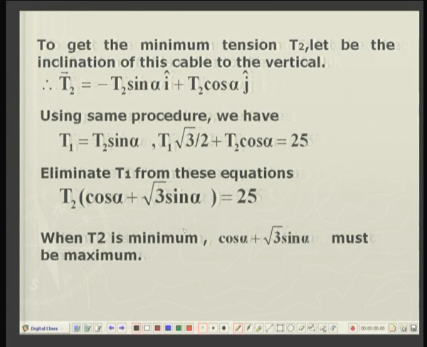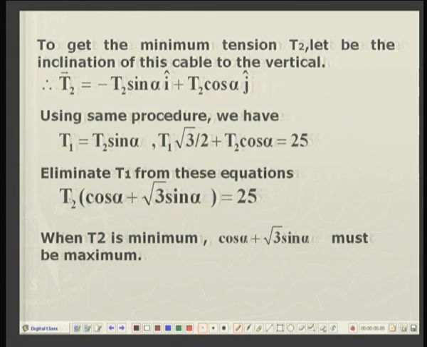Then the vector T2 can be represented as minus T2 sine alpha, because it is in negative x direction, plus T2 cosine alpha in the positive j direction, and we will again have one vector equation equivalent to two scalar equations. The equations will be T1 equal to T2 sine alpha and T1 root 3 by 2 plus T2 cosine alpha is equal to 25. From these two, let us eliminate T1, which will give me this simple equation.